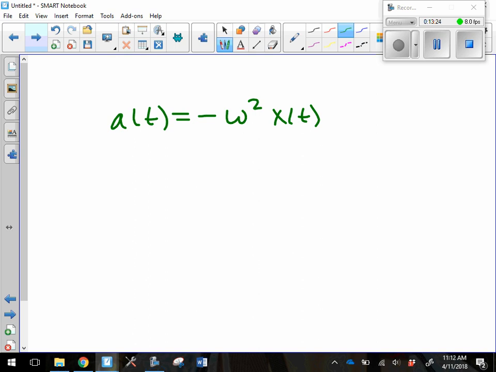Now, is a going to be a constant? No. So we're not going to be able to use our chapter 2 equations. But what equation involving a can I always apply? F net equals ma.